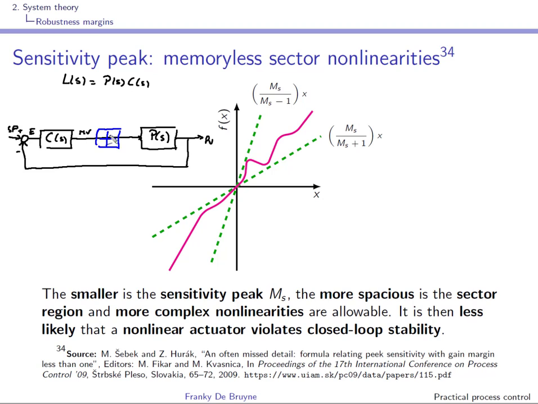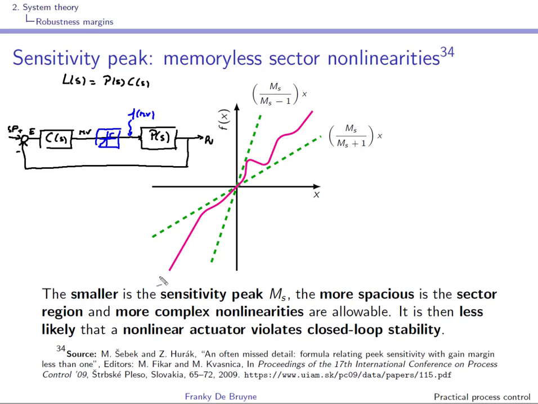And this is this nonlinearity, right? So that at the output here you have not MV but F of MV.